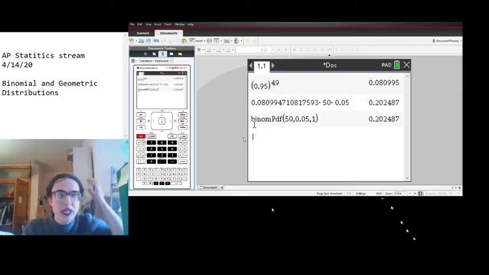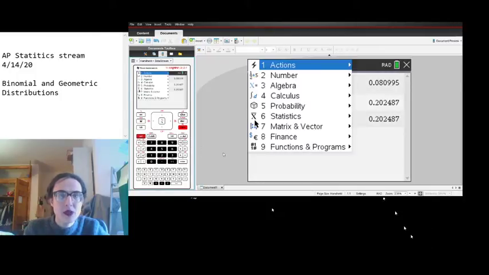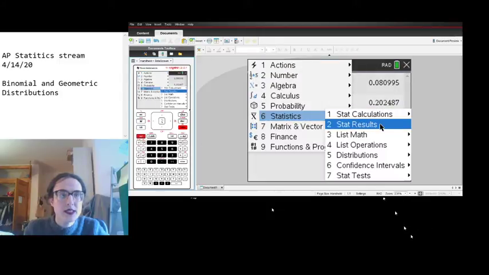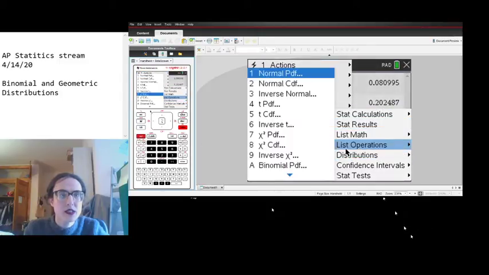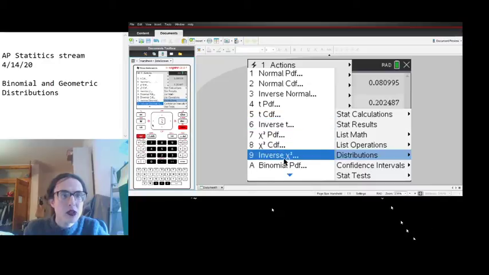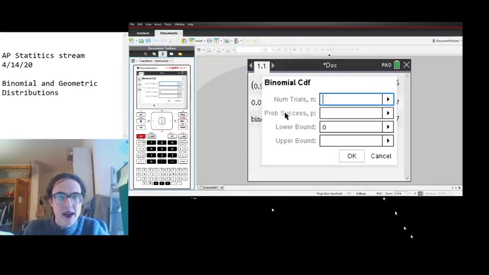Now, since we're looking at more than one specific value for x, we want to use binomial CDF. So again, we go to the menu, go to statistics, distributions, binomial CDF. Our number of trials is again 50.